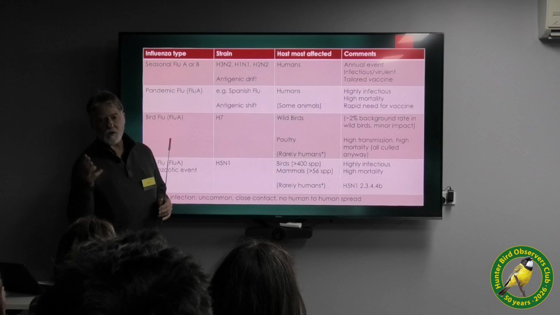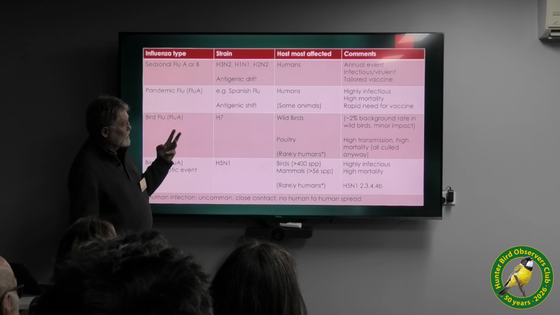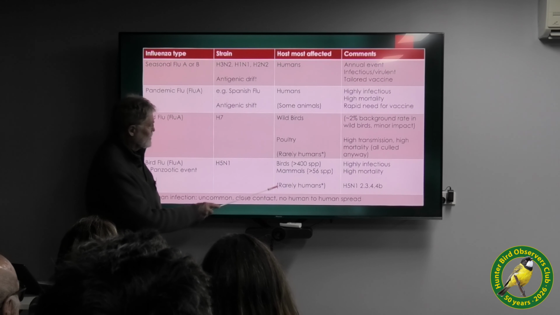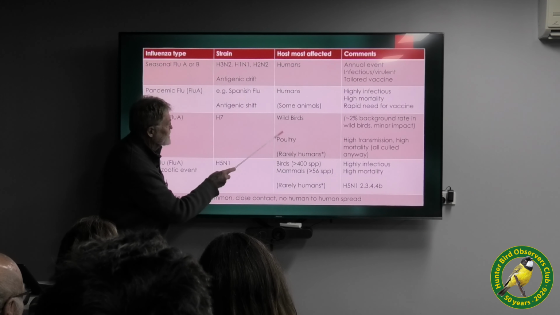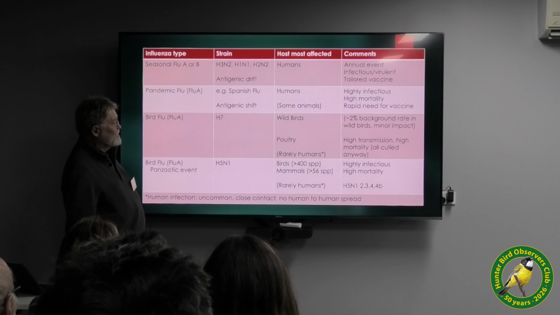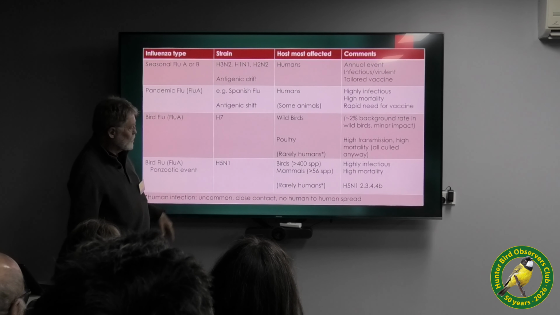So you've got the possibility of the three sources coming together and causing a problem. But rarely in humans. Here, it's usually just a mild disease. So that's the H7, if it occurs at all.